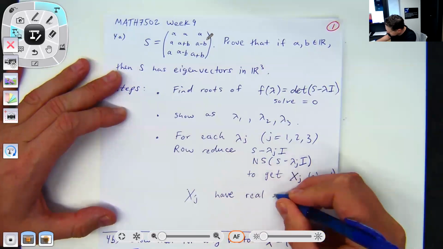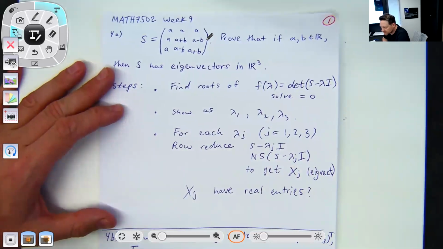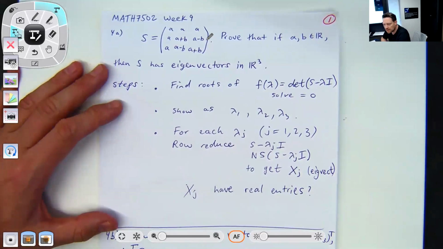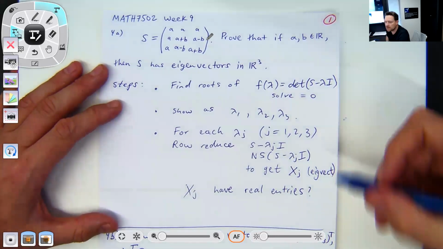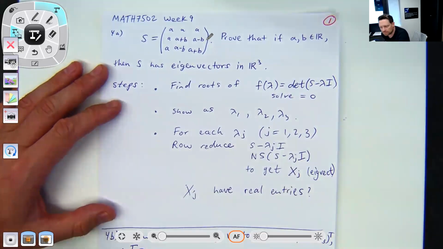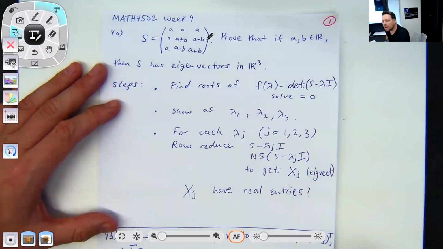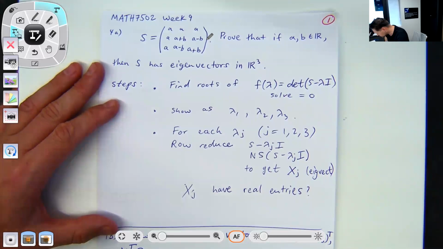Or if they don't have real entries, can you scale them so that they do? Because remember, an eigenvector is a representative of several possible elements of that null space. So you can pull out factors and simplify it. It could be something like i, i, i, where i is the square root of -1, and then you can factor that i out and have 1, 1, 1, for example. So that has all real entries.